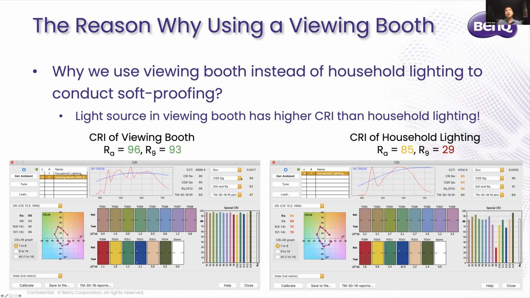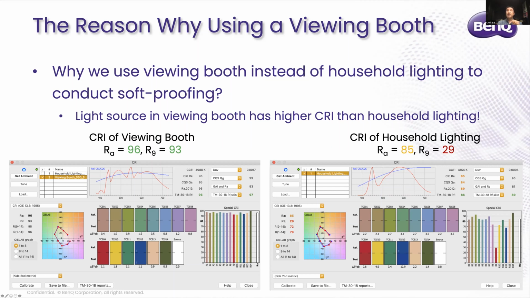So the reason why we should use a viewing booth is the R9, okay? The CRI of the viewing booth is 93, which is very good. But the CRI of the household lighting, which I measured with the CTA software, is a white LED. Most household lighting is made of white LEDs.